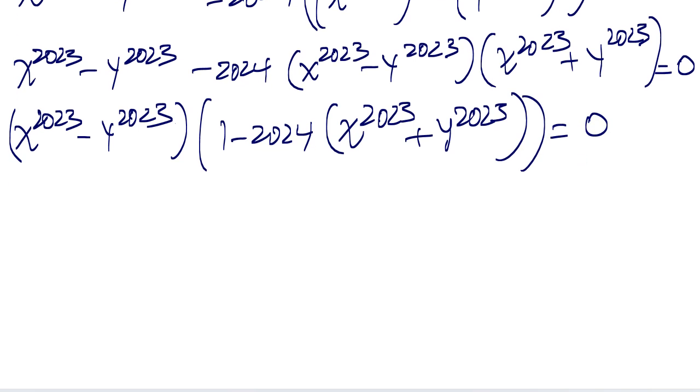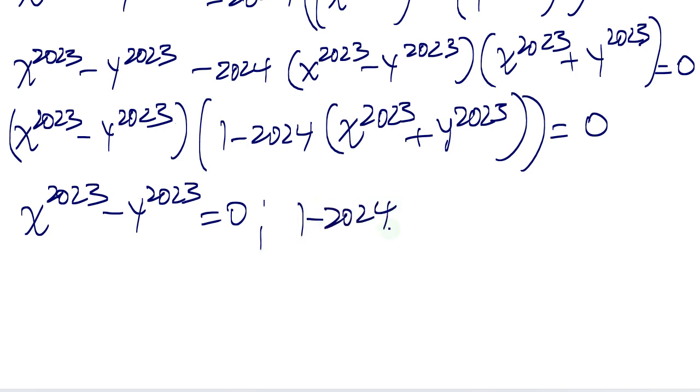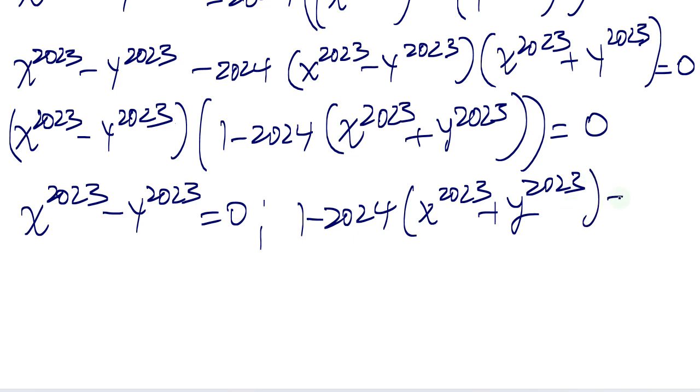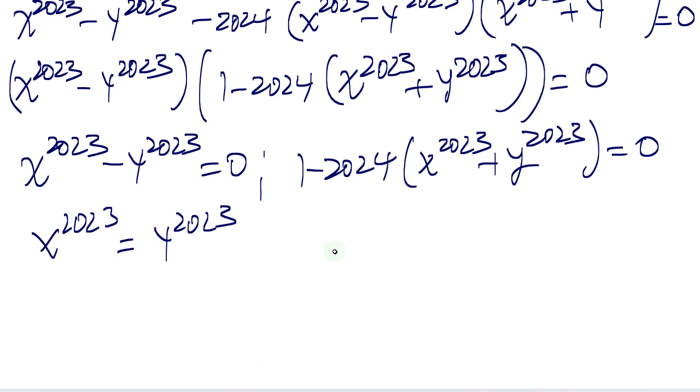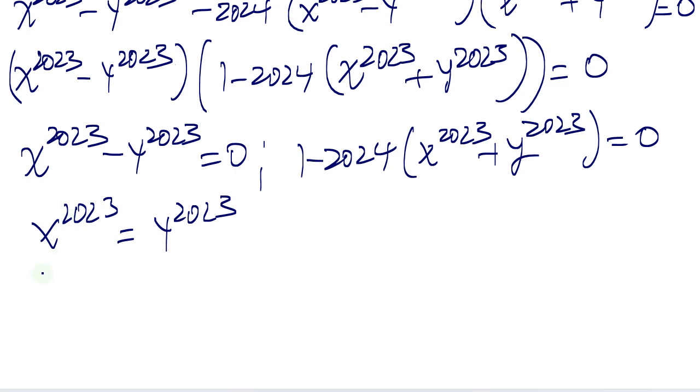So guys, from here we have x to the 2023 minus y to the 2023 equals 0, and then 1 minus 2024 times x to the 2023 plus y to the 2023 equals 0. From here we're going to have x to the 2023 equals y to the 2023, right? Let's call this one 1, and this one 2.